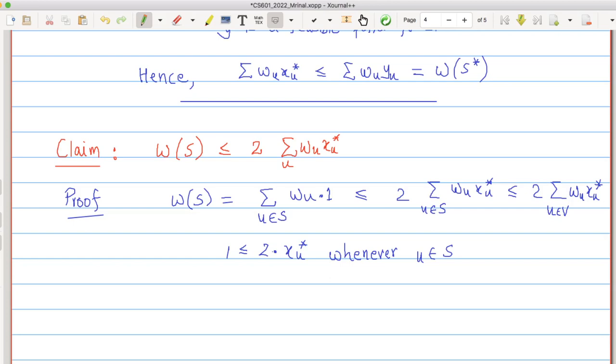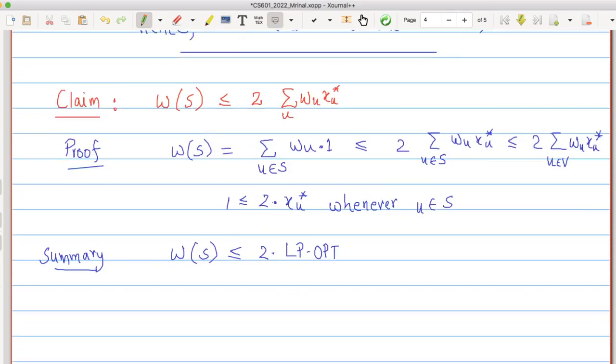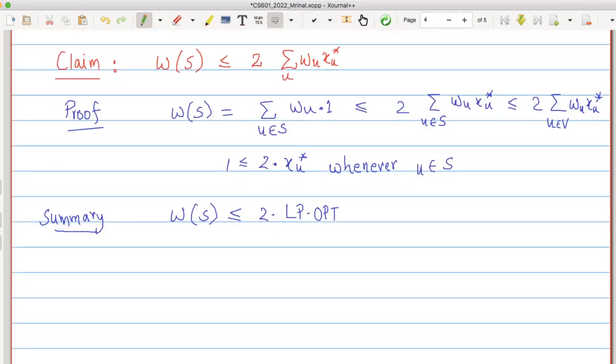So let's write our summary. What we proved is that the set we constructed has weight at most twice the LP optimal value, and we had already observed that the LP optimal value is at most the weight of the optimal vertex cover.